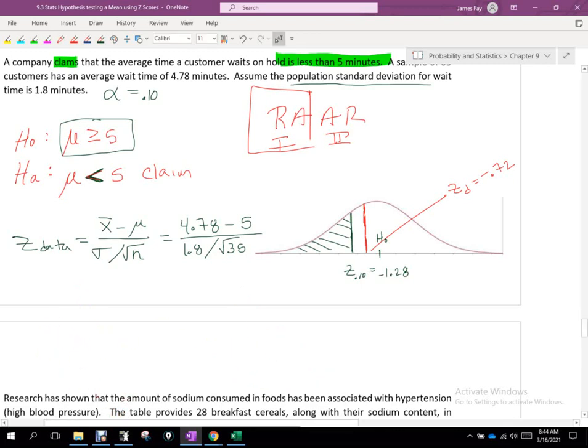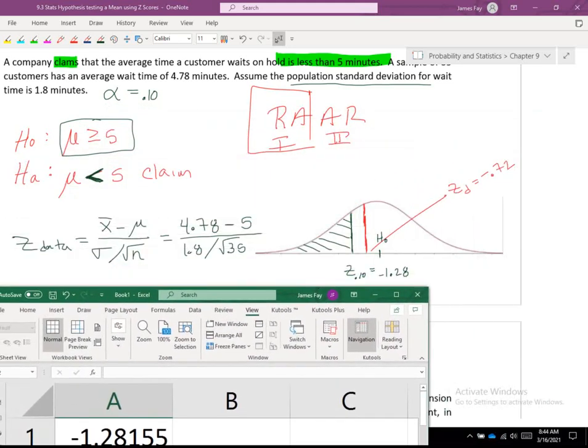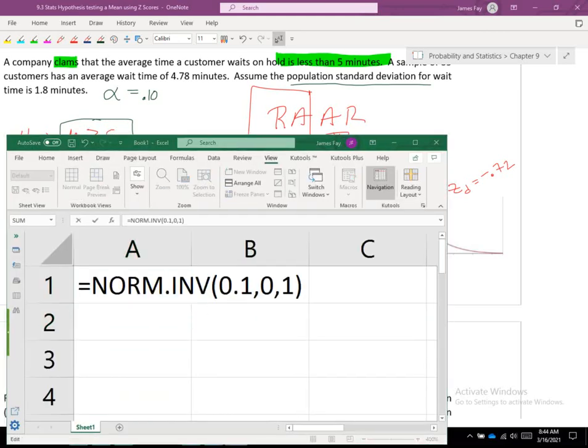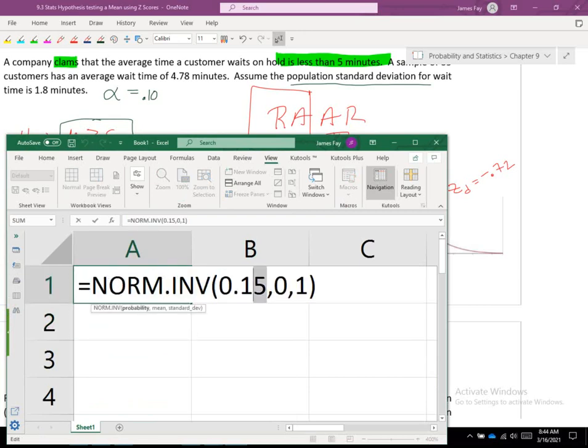I don't know what value to choose here to see what would change. Basically, what I want to do here is choose an alpha value that would maybe put my value over here in my critical region. Okay, so let me see if I can find, let's just go, I don't know, 15%, see what that looks like. Negative 1.3, it's going to have to be quite drastic.